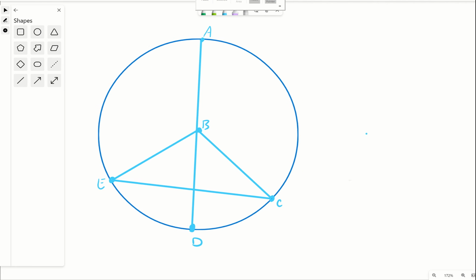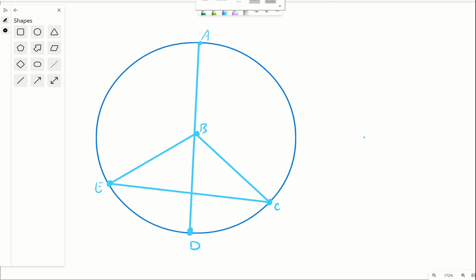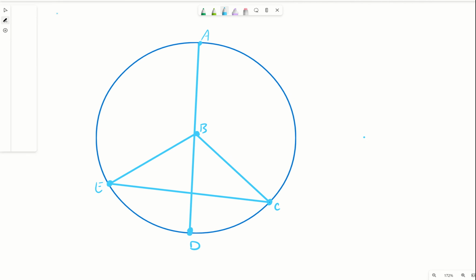If I wanted a diameter, what line segment makes up a diameter? Yeah, exactly. This would be line segment AD, or DA. Either one of those would make up the diameter.